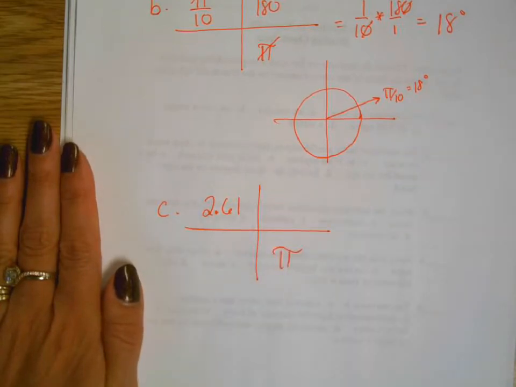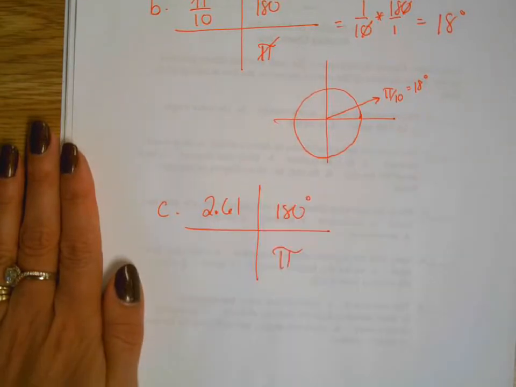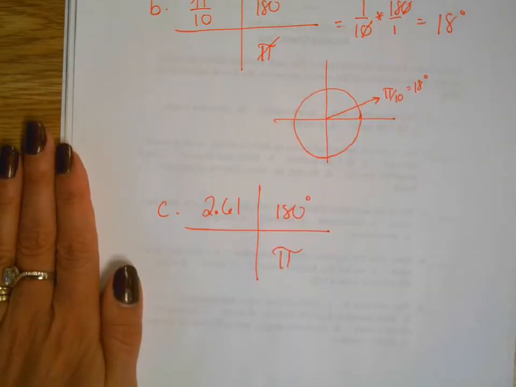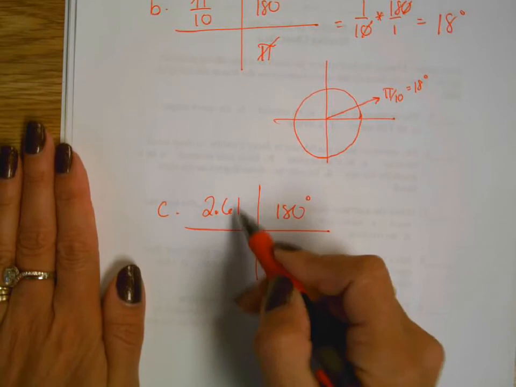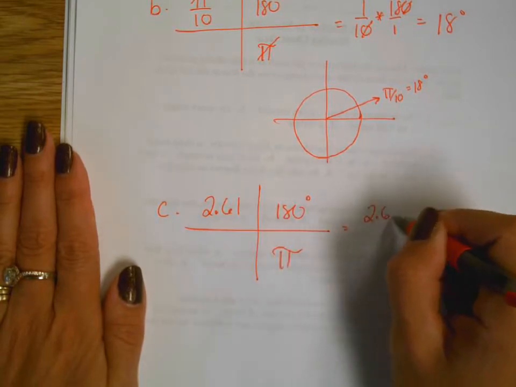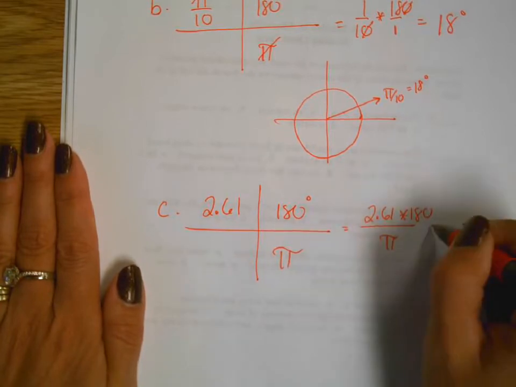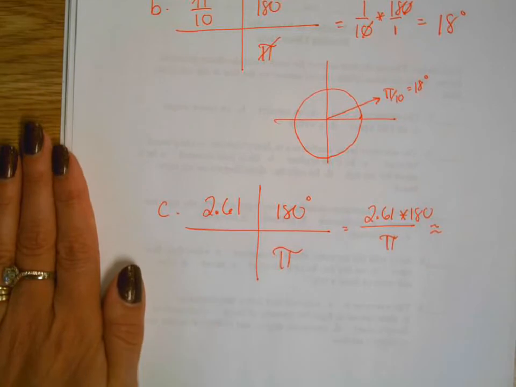So we're getting rid of the radians, so we're dividing by the pi. 180 degrees. So what do we have to do this time? You actually have to divide by pi because there's no pi to cancel off. It's been multiplied in. It's our decimal version. So you actually have to do 2.61 times 180 divided by pi, and we'll go with a decimal. When it starts as a decimal, we'll finish that way.